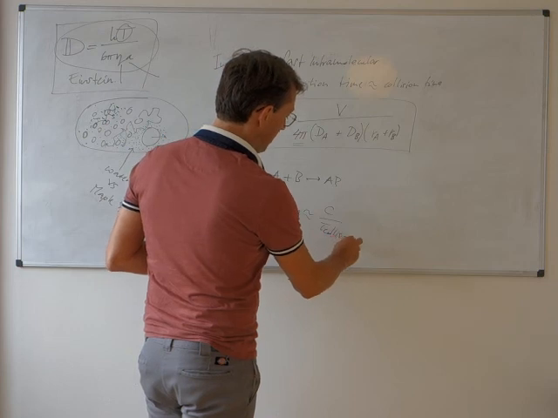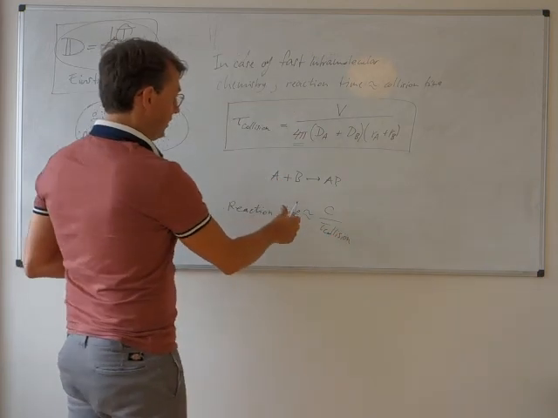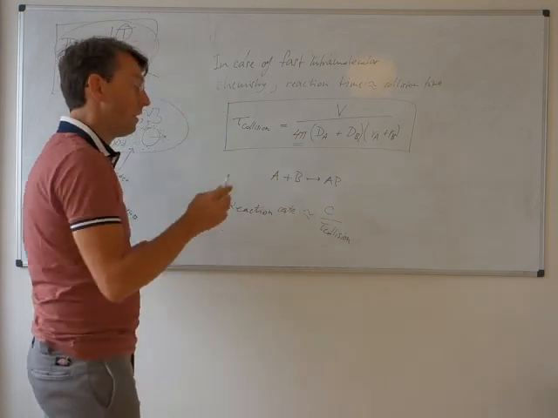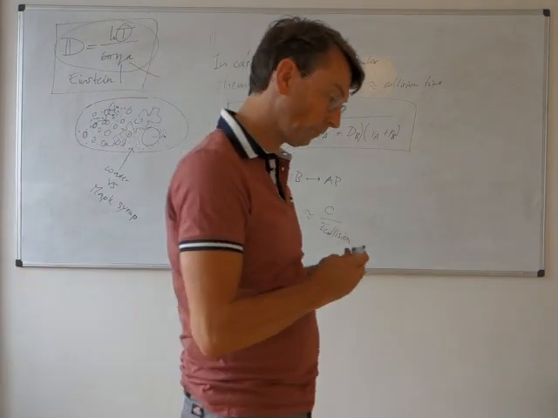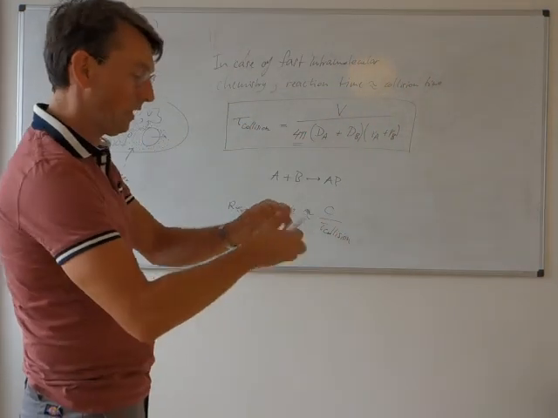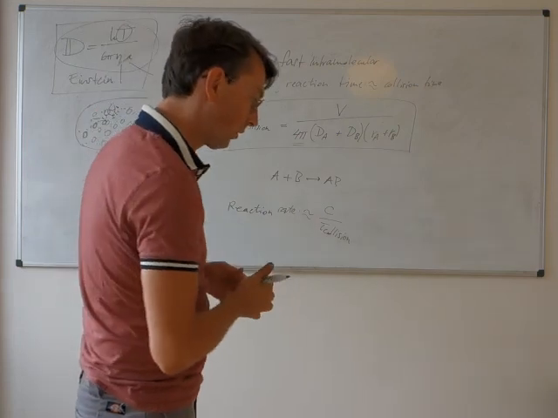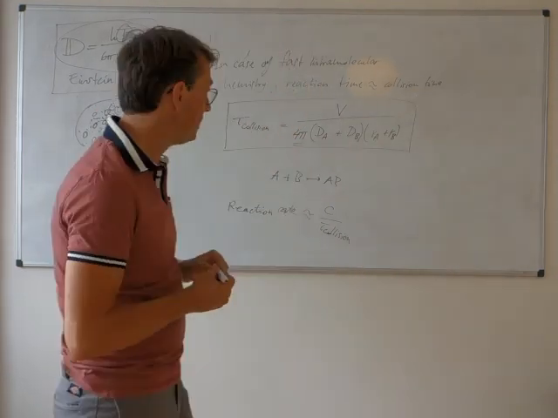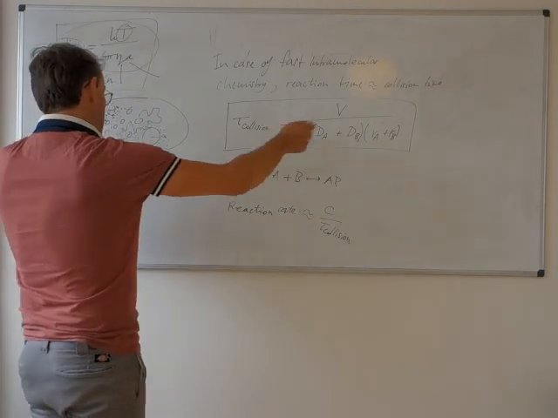So if the collision time is short, the reaction rate is high. Okay? And when you have fast intramolecular chemistry, so that's the stuff that happens as soon as molecules have collided, then the reaction time can be approximated by this collision time, and this is the equation for the collision time.